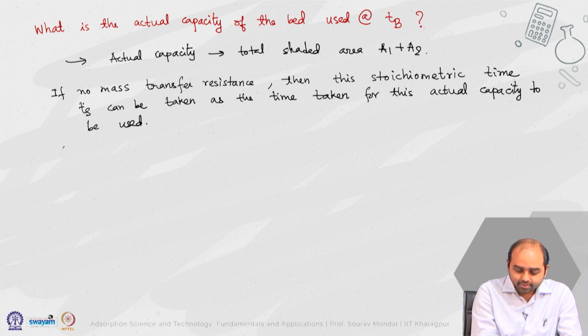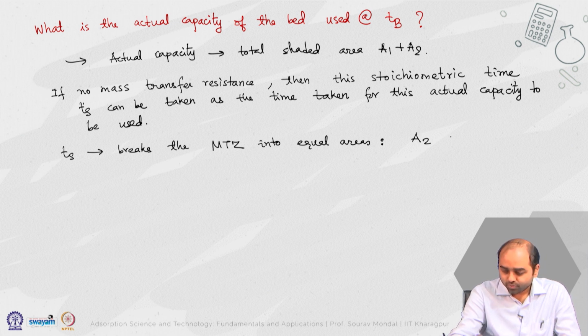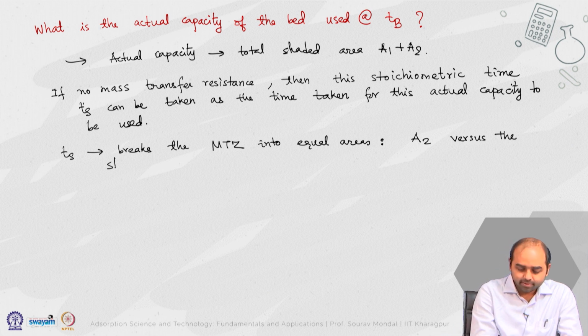So, essentially this stoichiometric time breaks the mass transfer zone into equal areas, which is like A2 versus the unshaded area in the plot.